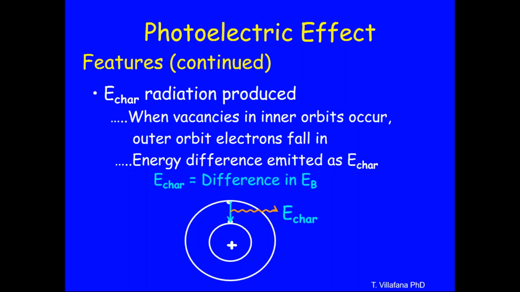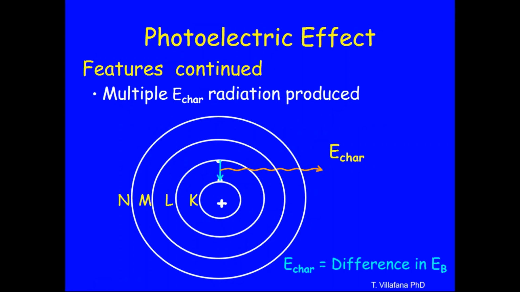And that characteristic radiation is always equal to the difference in binding energies between the orbits that these electrons are falling across. And out goes characteristic radiation. So another feature of the photoelectric effect is you produce characteristic radiation.